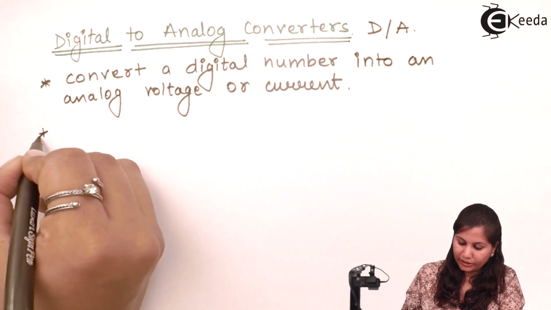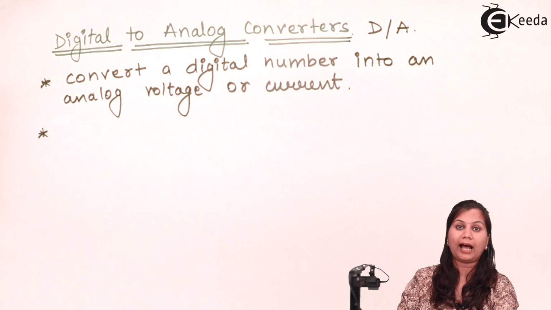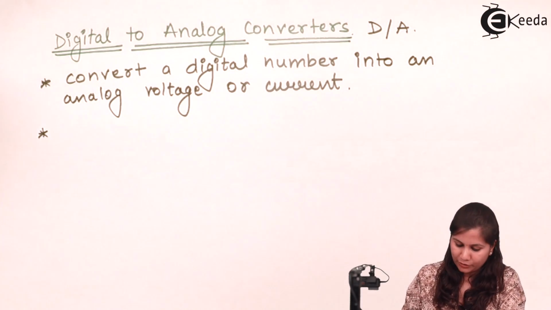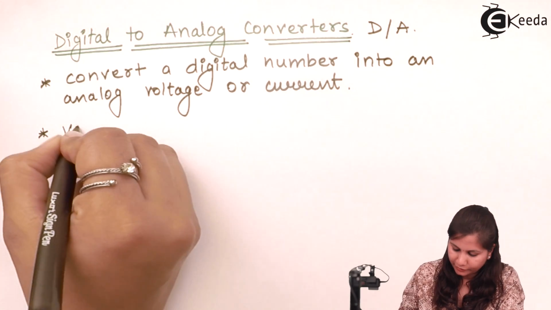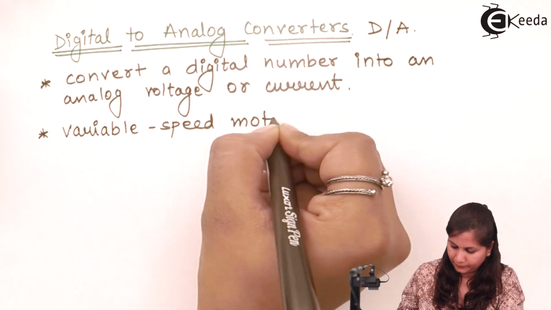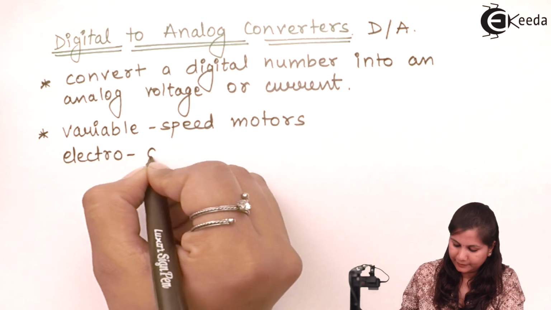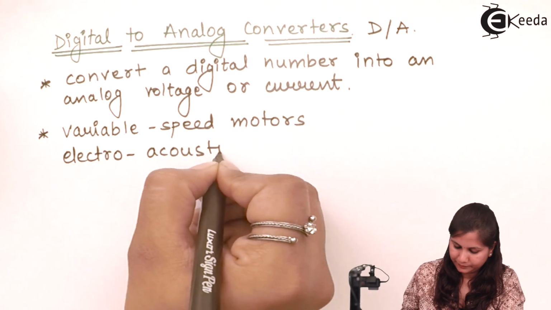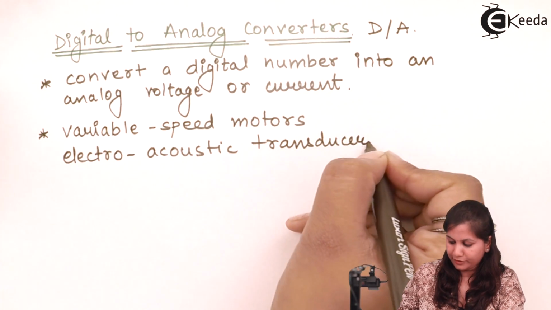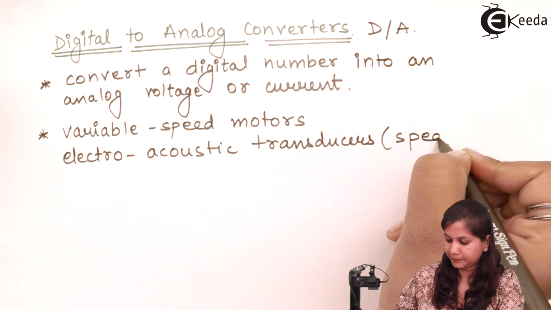Now, where are these converters used? These converters are mostly used where the analog signal is to be handled by the instrument, like in variable speed motors, and also in electroacoustic transducers. An example of an electroacoustic transducer is the speaker.